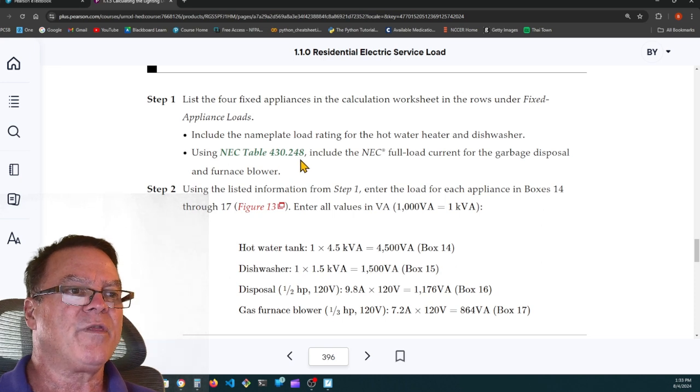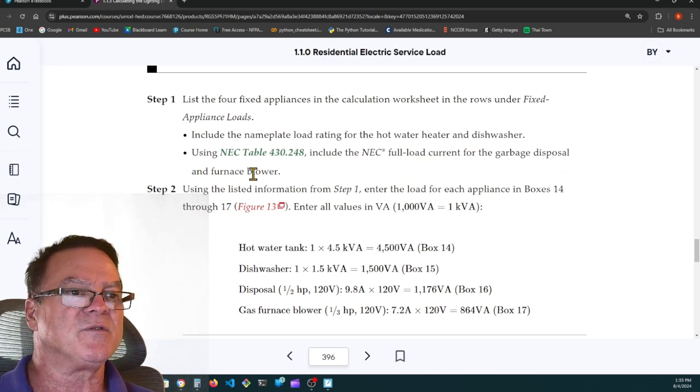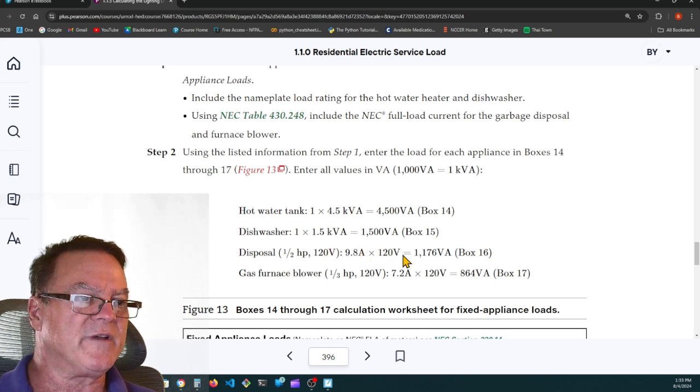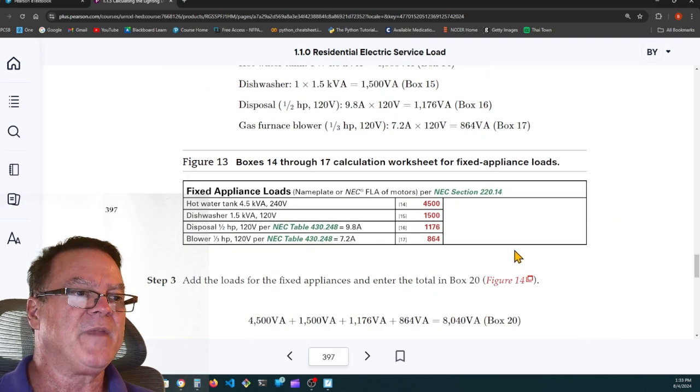So, using table 430.248, include the NEC full load current for the garbage disposal and the furnace blower. So, the disposal is 9.8 amps times 120 volts, 1,176 volt amps. The gas furnace blower of 1/3 horsepower is 7.2 amps times 120 volts is 864 volt amps.